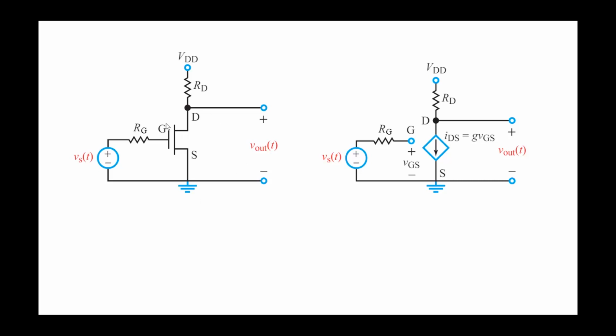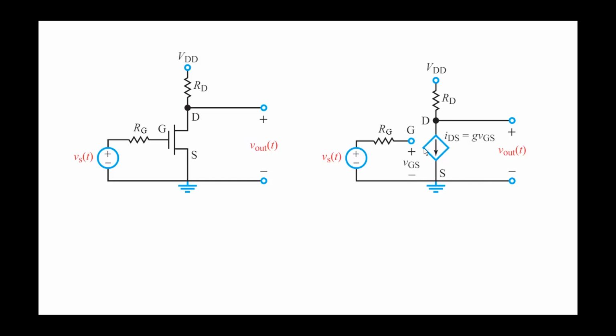So on the left-hand side, we have our MOSFET amplifier circuit that we're analyzing. There's this input voltage Vs of t and an output voltage V out of t. And on the right-hand side, we have the equivalent circuit model of the transistor replacing the MOSFET.